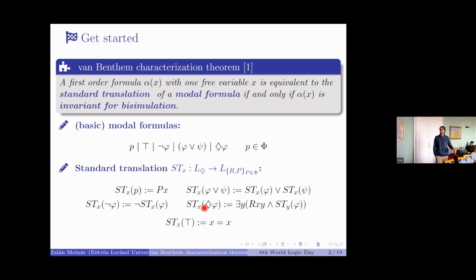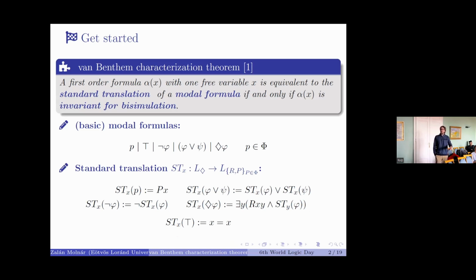The only non-trivial difference is what you do with the diamond symbol, and the diamond symbol encodes in the Kripke semantics the accessibility relation. That's why we say that diamond phi is nothing but a first order formula which expresses this property. And the top is something like validity.